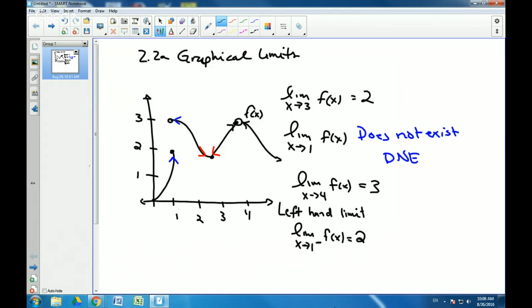So if this is defined as from the left, we only consider coming from the left side of 1. Right? The next one will be from the right. We get 3 correct.